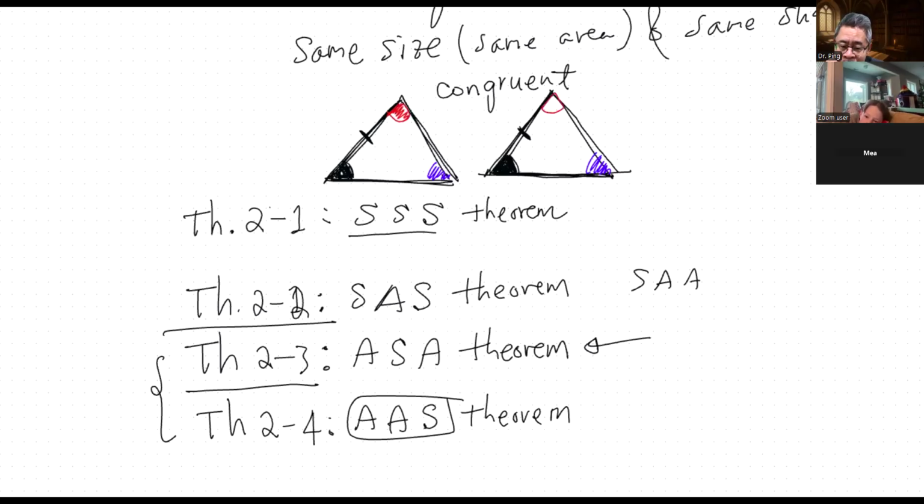Now you can see we actually have angle side angle. So theorem 2-4 is basically a variant of 2-3.